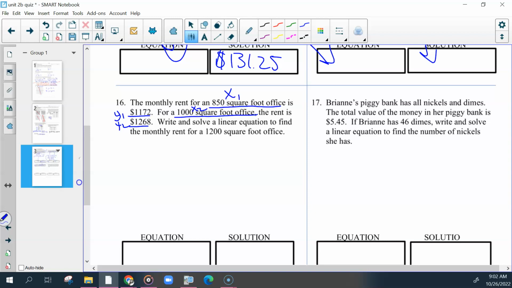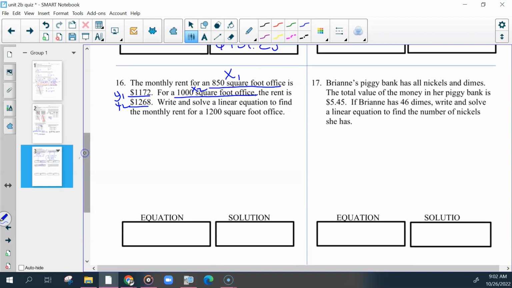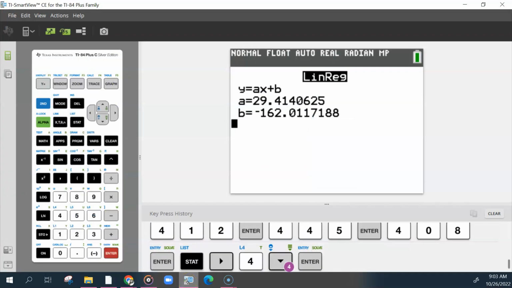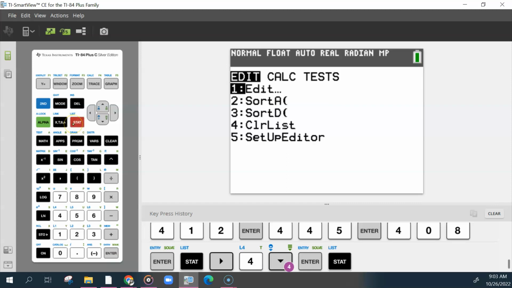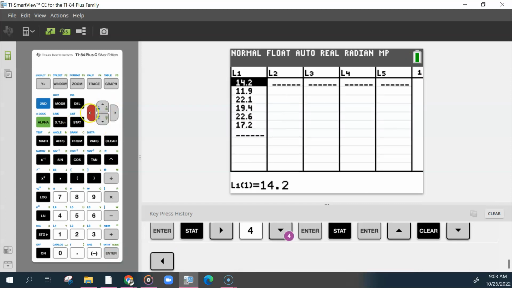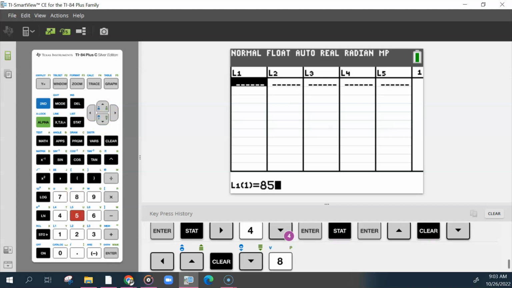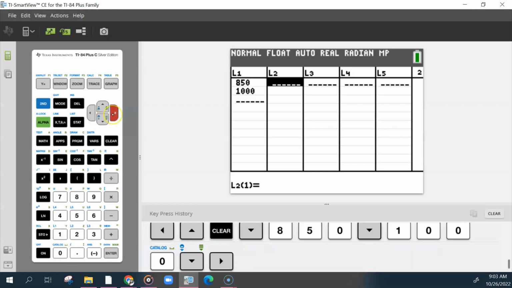And then you could either find your slope algebraically, find your equation algebraically, and then use that equation to find your answer algebraically, or use your calculator, which I'm going to do. So I'm going to go back in stat edit and put these numbers in, 850 and 1,000. And then 1,172 and 1,268.